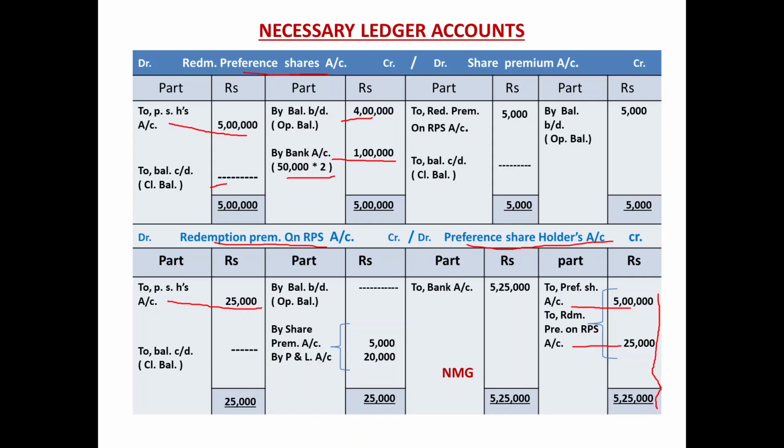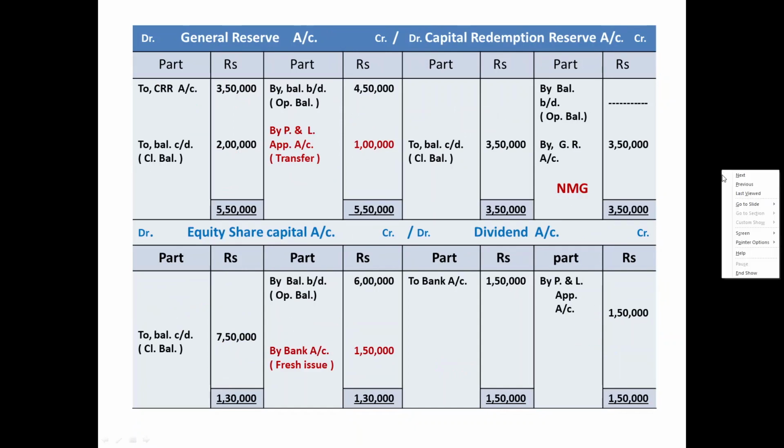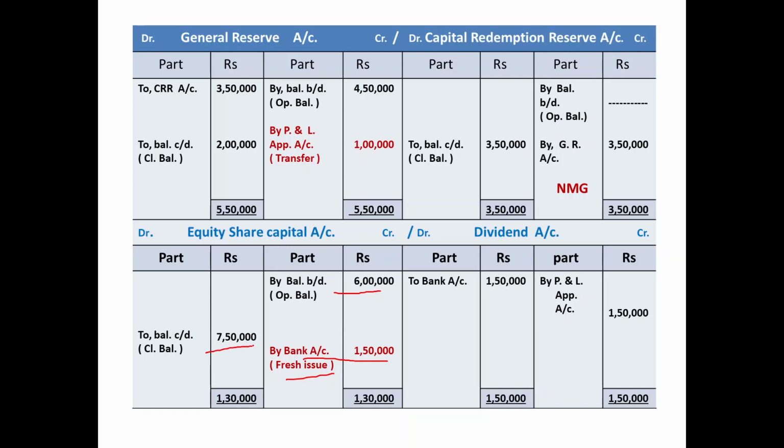Third journal entry, that is for a fresh issue. Bank account debited to equity share capital account credited rupees 1 lakh 50,000. Fresh issue. Opening balance was 6 lakh, closing balance was 7 lakh 50,000, as we already saw in the balance sheet.